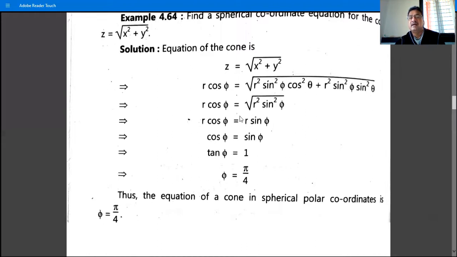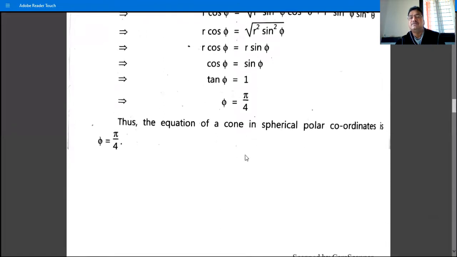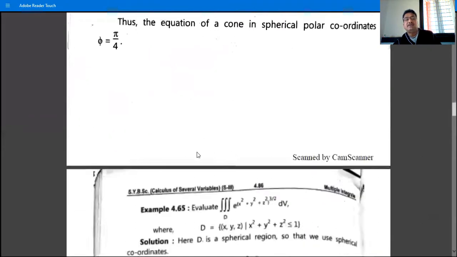Cancel r from both sides, and then sine phi by cos phi is 1. That is, tan phi is equal to 1, so phi is tan inverse 1, that is pi by 4. So phi is equal to pi by 4 is the equation of the cone in spherical polar coordinates.